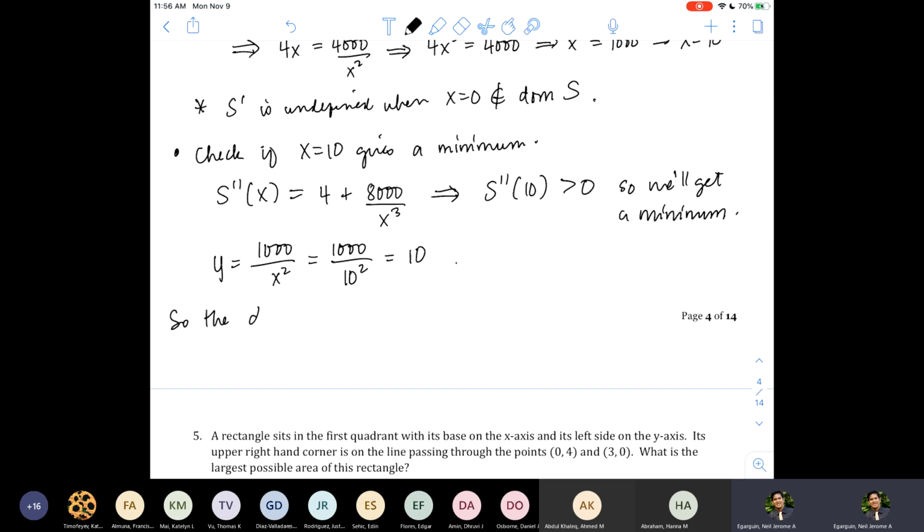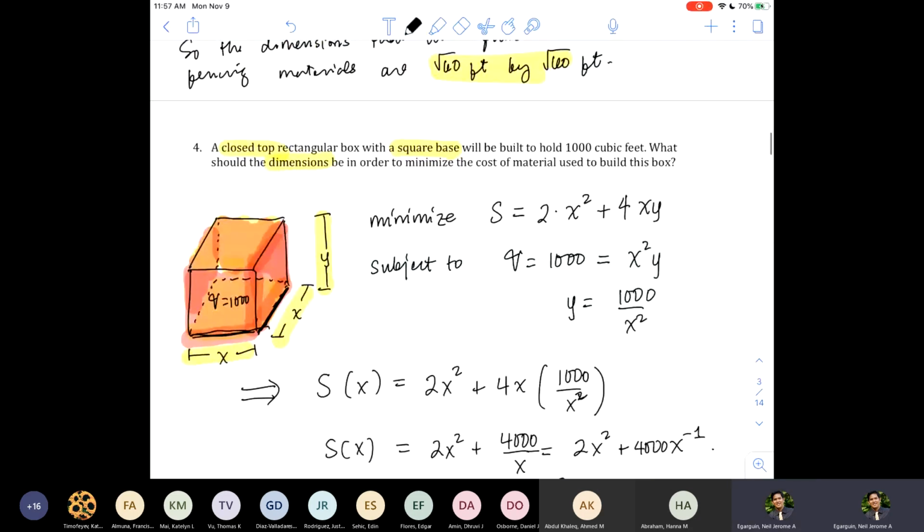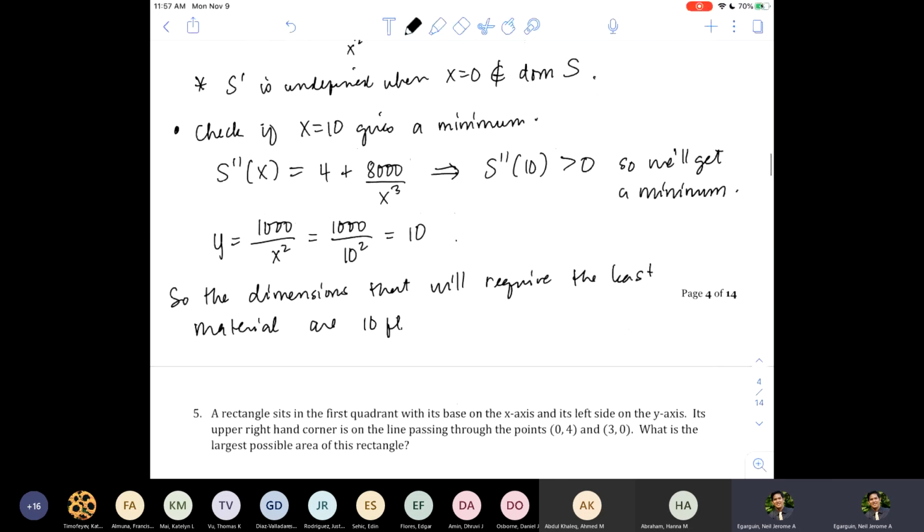So the dimensions that will require the least material are 10, what was the unit of measure? Yeah, 10 feet by 10 feet by 10 feet, which is what? Which is a cube, which is not surprising because cubes are the most economical rectangular prisms, right? Absent any other special requirement.